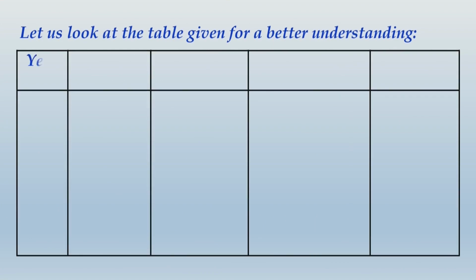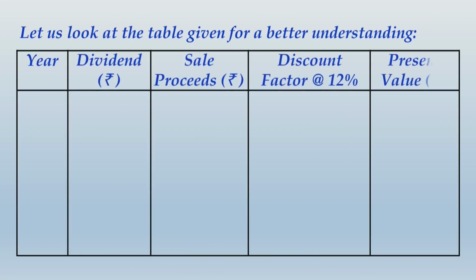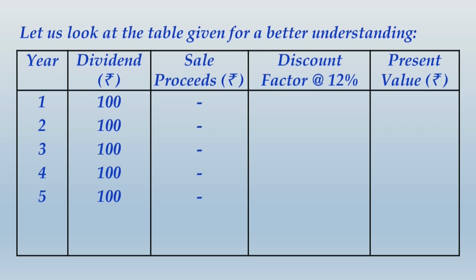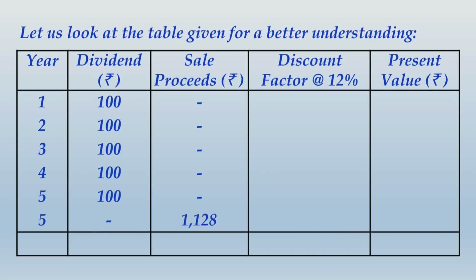Let us look at the table given for a better understanding. So we are just showing by calculation that for year 1 your cash flow is 100, year 2 your cash flow is 100, year 3 cash flow is 100, year 4 cash flow is 100, year 5 cash flow is 100, and again in year 5 the cash flow is 1128 towards the sale proceeds. Friends, generally each year the dividend figures are in 3 digits, right?